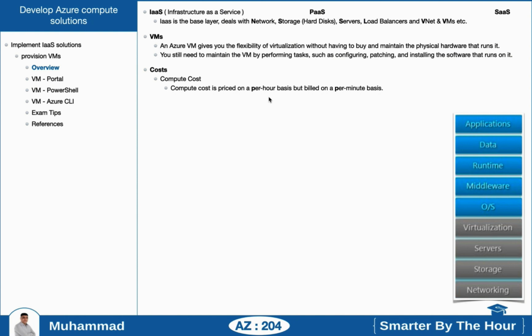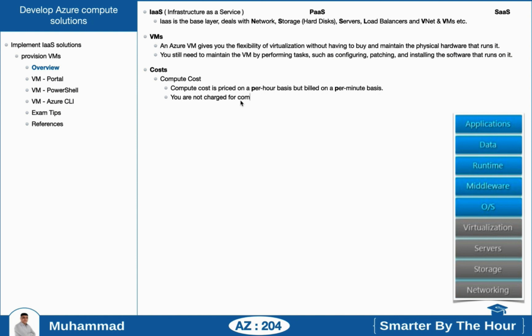For example, let's suppose you are going to provision two VMs. The first one with the Windows operating system and the second one with Linux. What do you think? Which one will be less expensive? The answer is the second one, because there is no operating system license charge included in the compute cost for that VM.